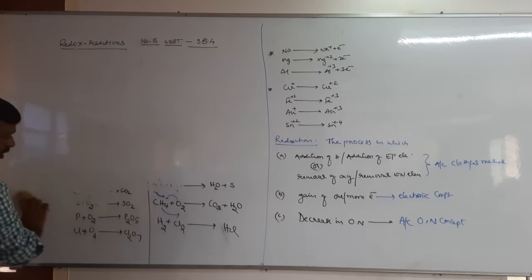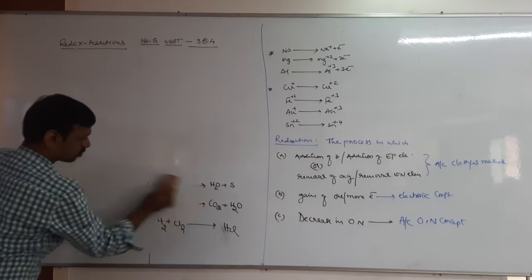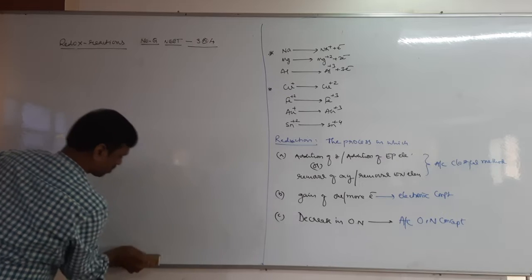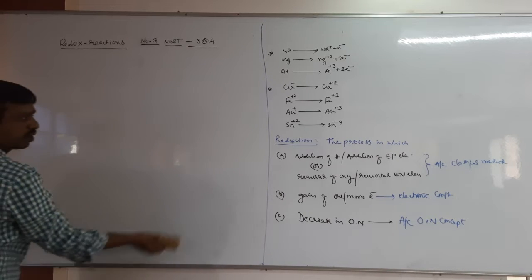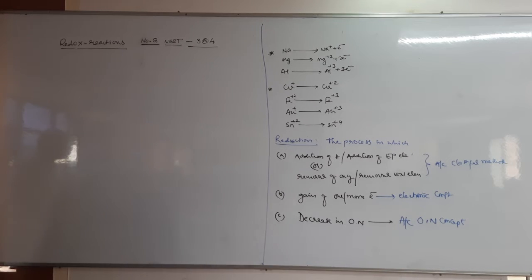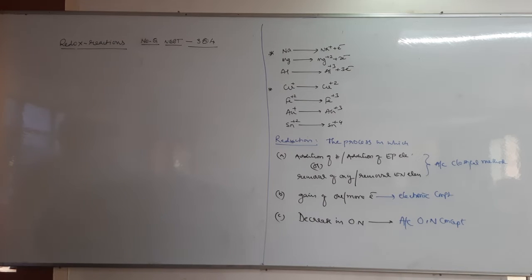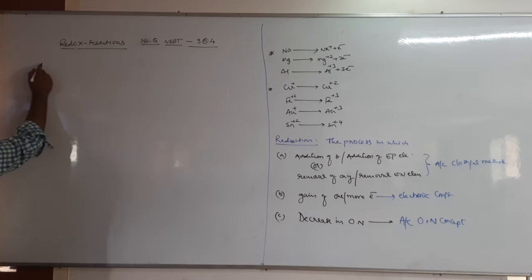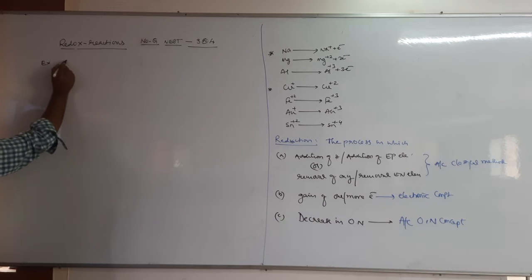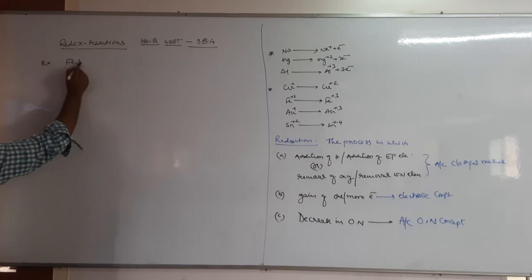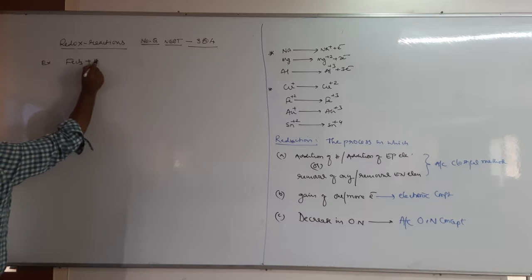Okay, write some examples. First one is addition of hydrogen or addition of an electropositive element. Let us see, for addition of hydrogen, can I take FeCl3 reacting with hydrogen?